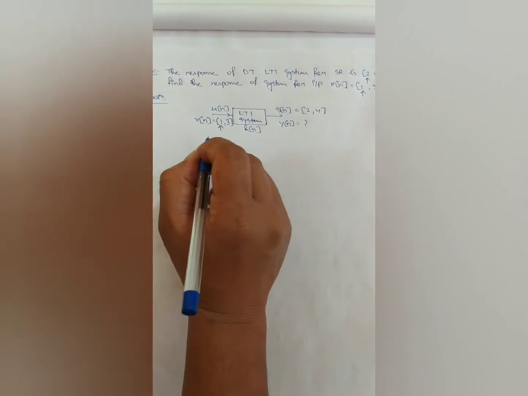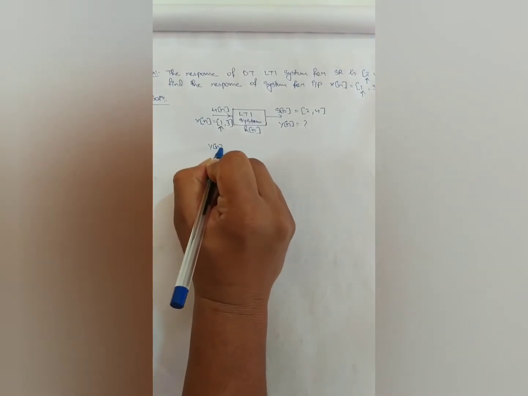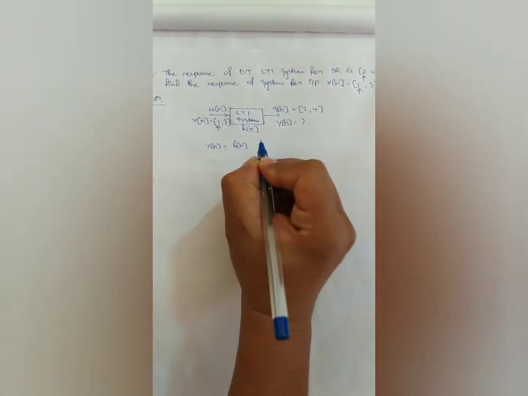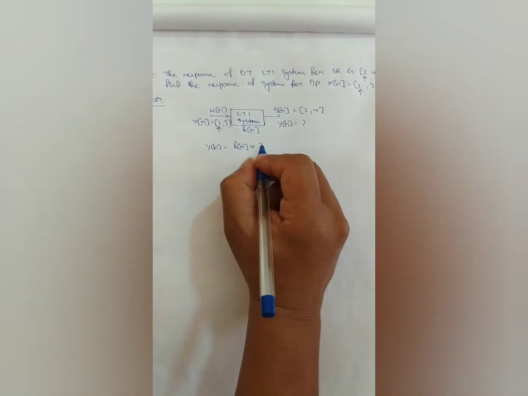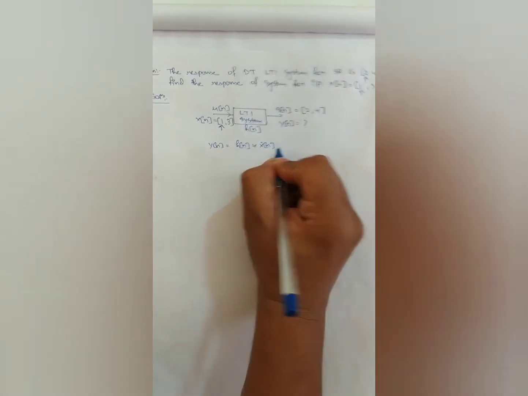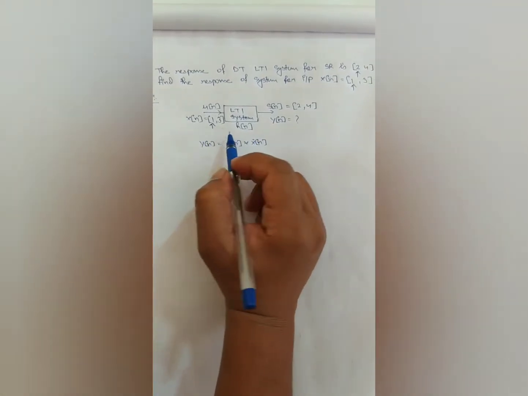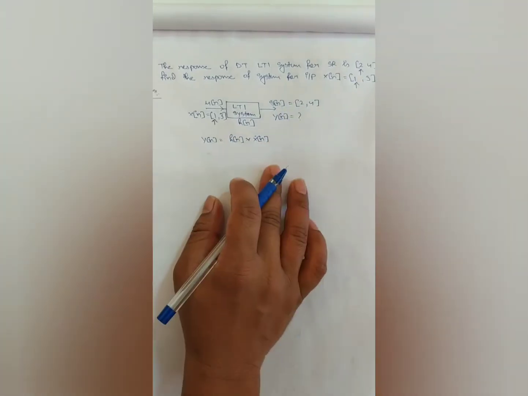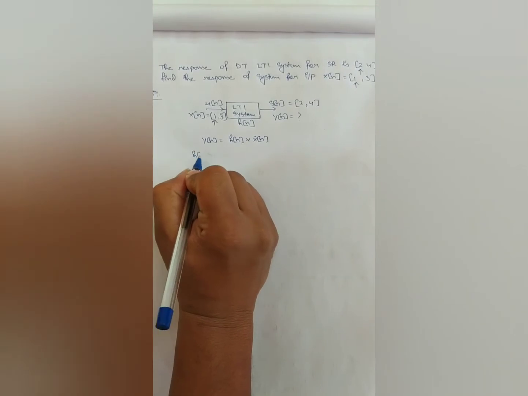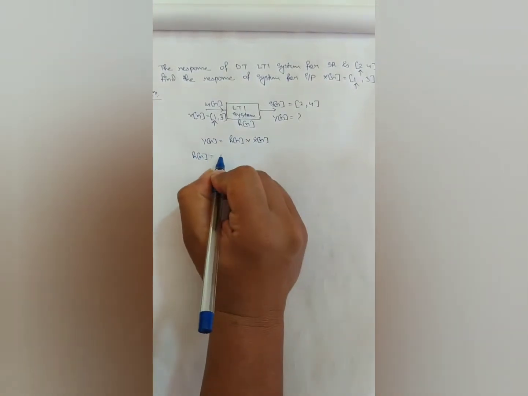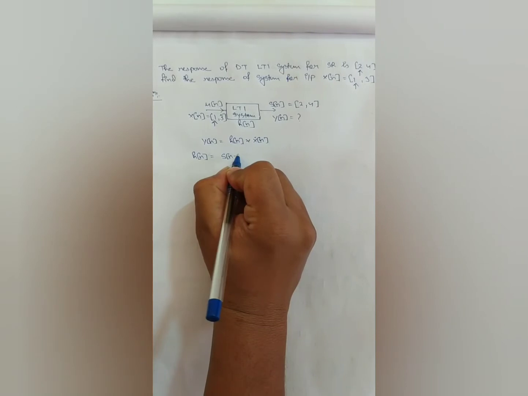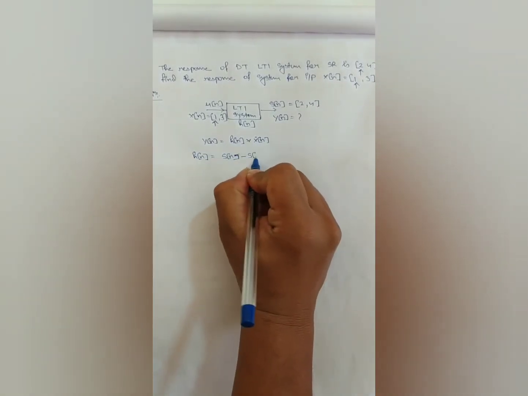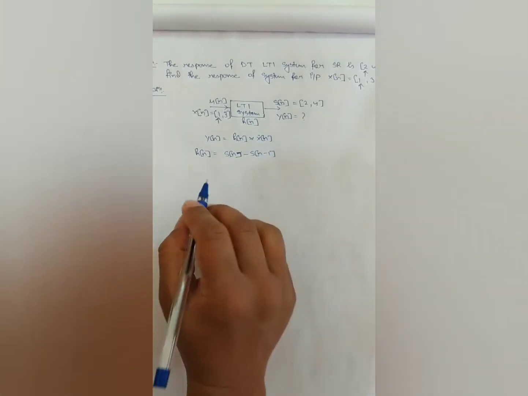We know that the output of the system is the impulse response convolved with the input. Here we have the input, but instead of the impulse response we have the step response. But we know one formula: the impulse response is equal to S[n] minus S[n-1].